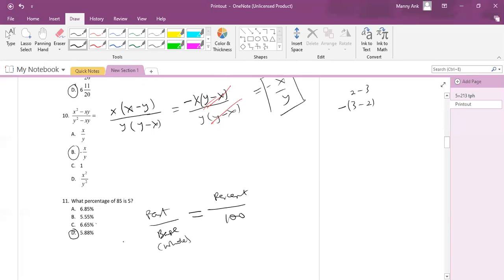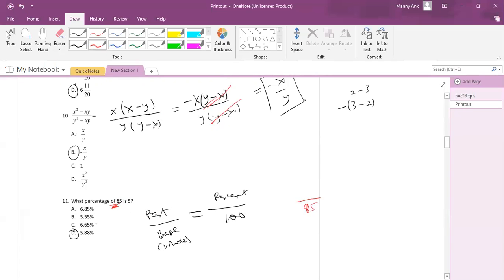If you cast your mind back, we said the part is always associated with "is", and "of" something is associated with the base. So I asked myself, what is the base here? The base is "of 85", so 85 will be your base.